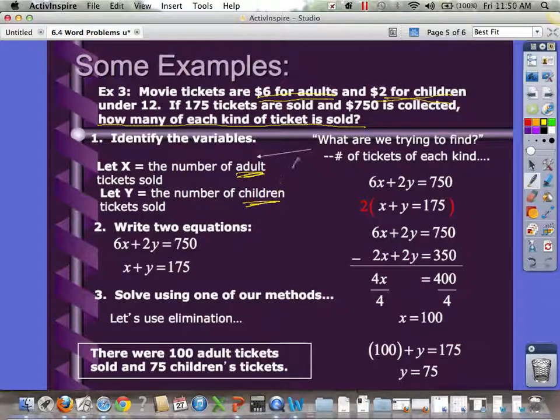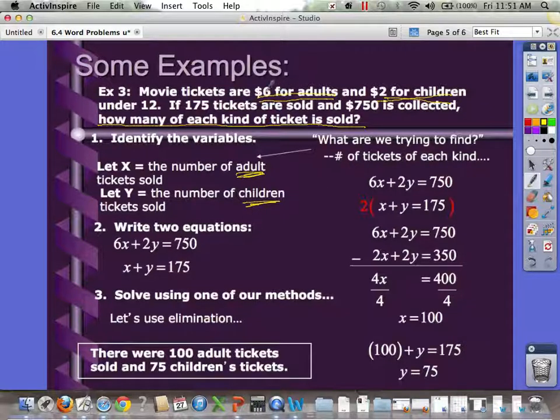Now, when you're working with this and you're talking about number of coins versus the amounts, you definitely want to make sure you write your equations very carefully, because money will always go with money and numbers will always just go with numbers. And you'll see what I'm saying in just a second. So we're going to write two equations.